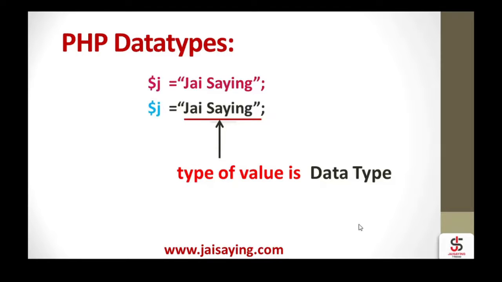We learned in the previous tutorial what a variable is, and how to store a value in a variable. So here the variable is $j equals to the value "JSON" in double quotes.